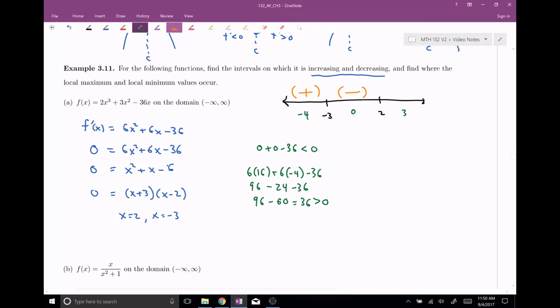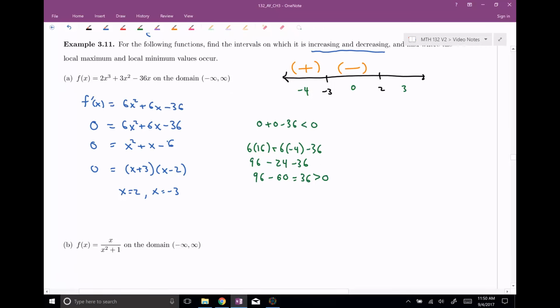Okay, and then finally, if I plug in something like 3. So if I plug in 3, again, I'm plugging this into my derivative here. A common mistake is that you plug it into the original function. We're trying to figure out if the derivative is positive or negative, because that's what tells us something about increasing or decreasing. We don't care so much right now if the function is positive or negative.